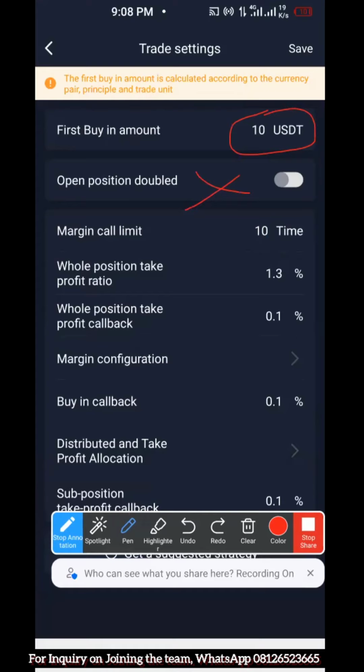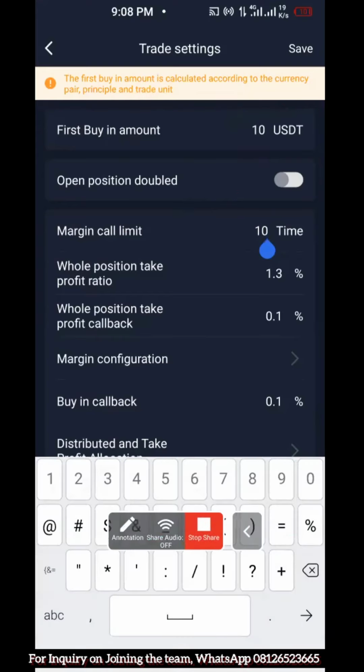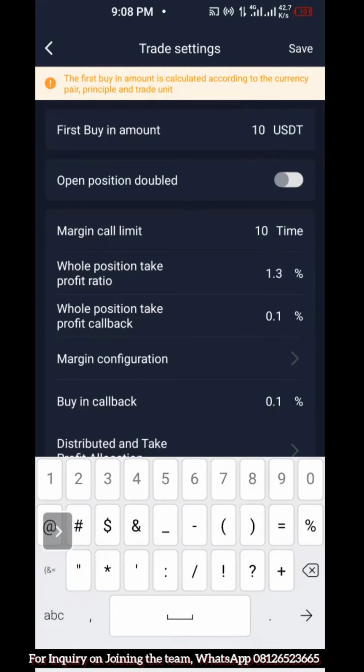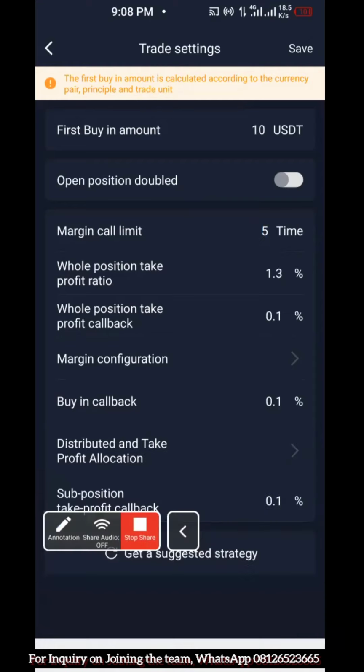All right, so the next thing is the margin call limits. That's how many times do you want the robot to buy for you in this trade. If you say I want it to buy for me 5 times, it means you have to set up the parts and the positions that it will buy for you.